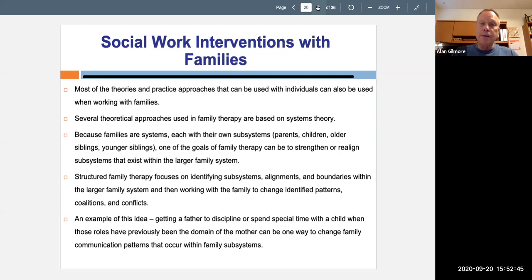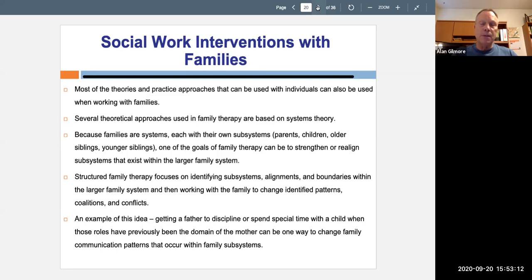Most of the theories and practice approaches that are used with individuals, again, can also be used with families, often based on systems theory. So you can take a look at a family and the environments that the family is a part of and see where the dysfunction may be happening. You can also take a look at subsystems within the family.